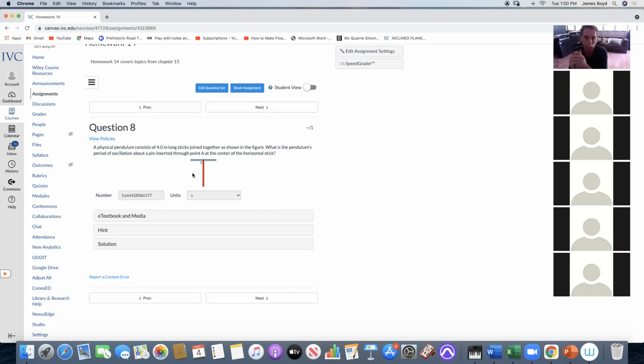This is exactly like the T-Rex or just a rod about one end, which if you remember was 2 pi times the square root of 2L over 3g. So 2 times pi times the square root of 2 times the length, which is 4, divided by 3 times 9.8. And I get slightly different. Why am I getting slightly different? Am I choosing the wrong A?